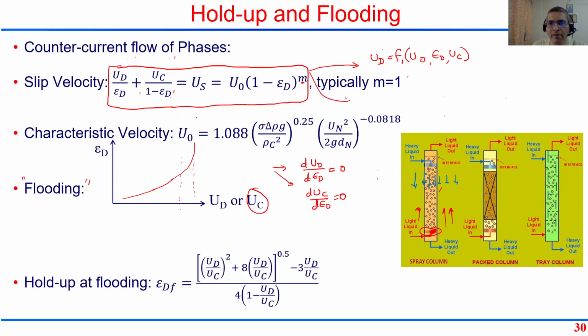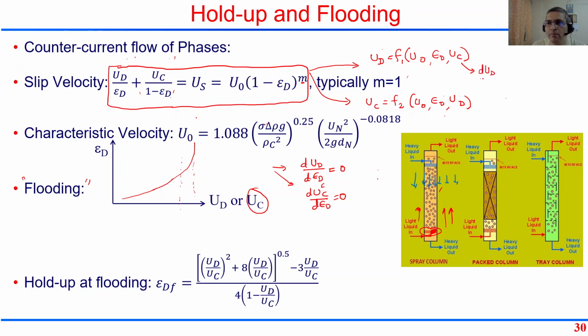In the same way, I will rewrite this expression a second way, as uc equal to some function of u0, epsilon d and ud. Now I want you to differentiate this expression with respect to epsilon d and equate it to 0.